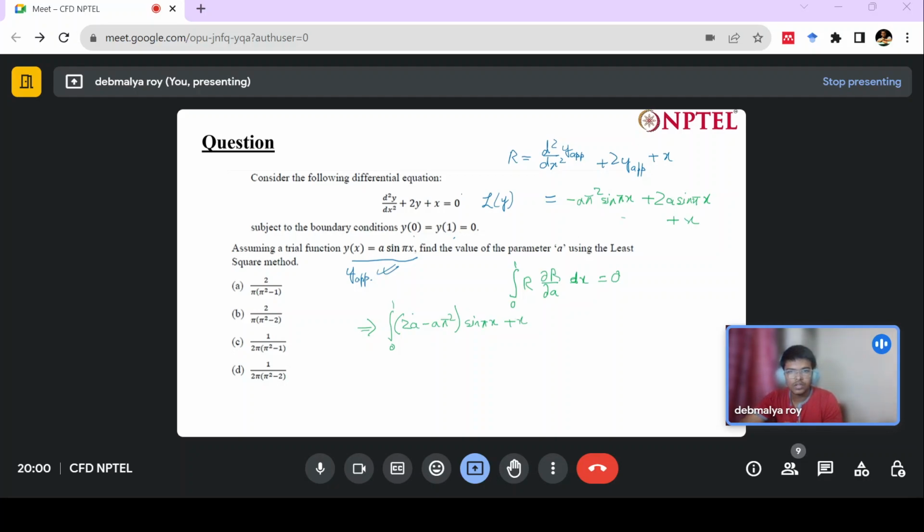If you partially differentiate with respect to a, then this x term will not be there. We consider x as constant because we are doing a partial differentiation. So we get 2 minus pi square sine pi x.